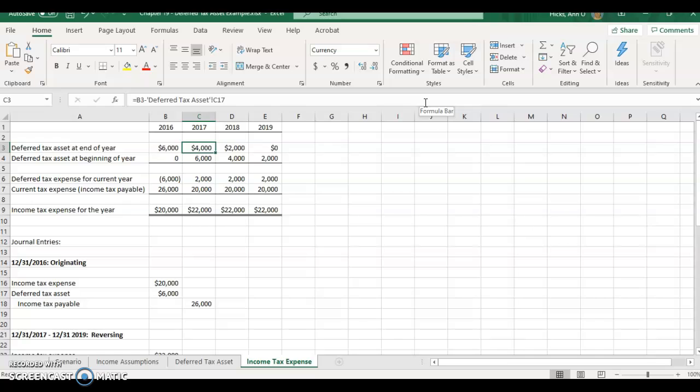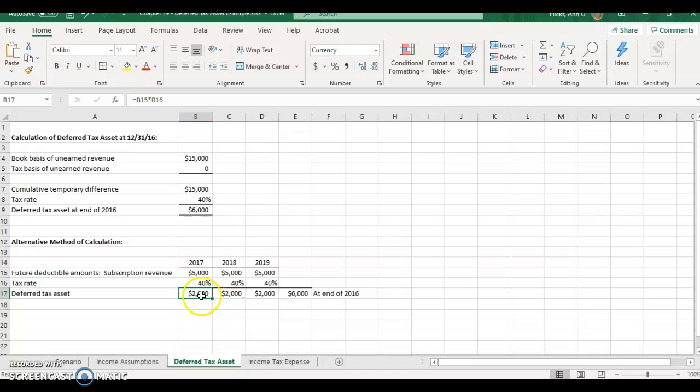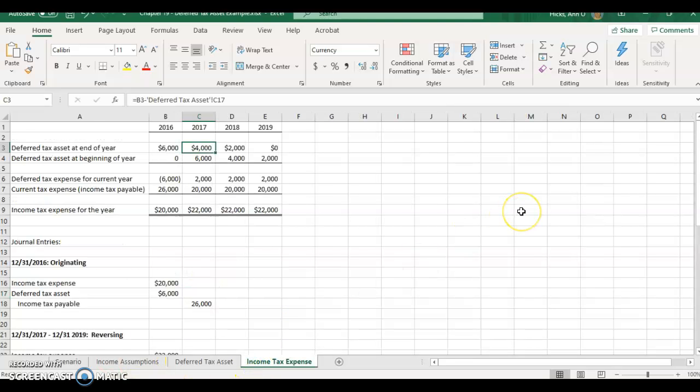And so we have a deferred tax asset at the end of the year of $4,000, which is the previous $6,000 minus the amount we calculated in the previous work paper. Beginning of the year is just what we ended the last year with, and that means we're reversing $2,000.